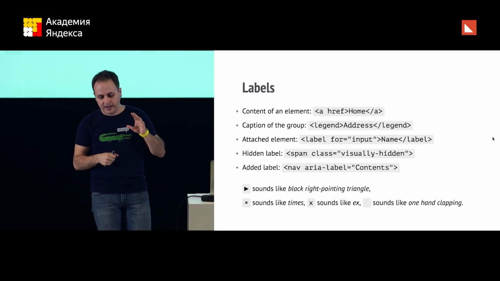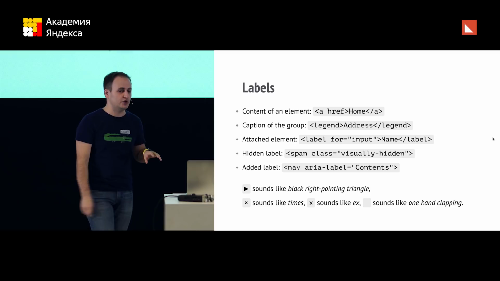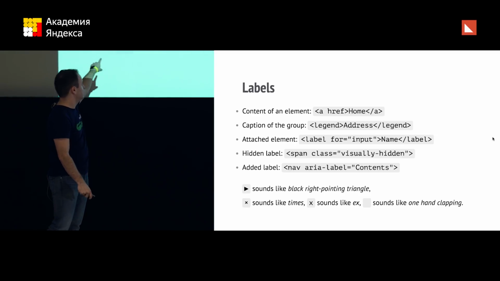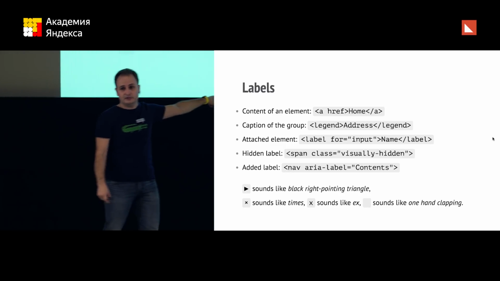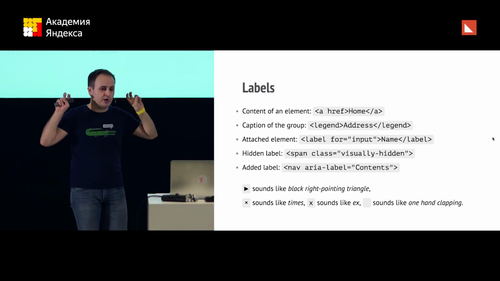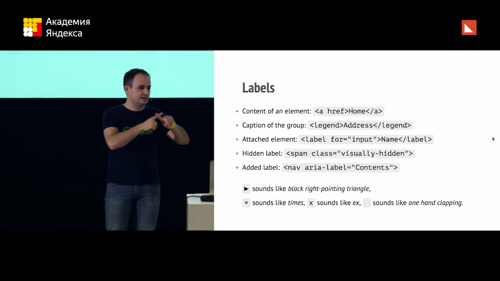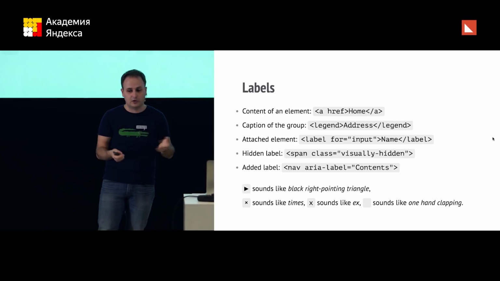So make sure your elements are clear enough, because when you use Unicode, in cases like this, the thing sounds like black right pointing triangle. So make sure you have all your Unicode things hidden. Also, X sounds like X or multiply. It means nothing to screen readers.